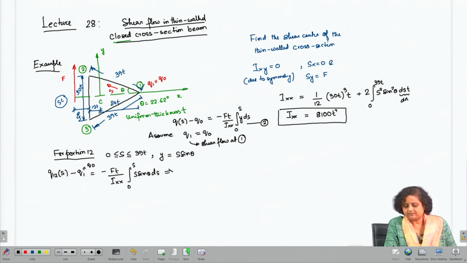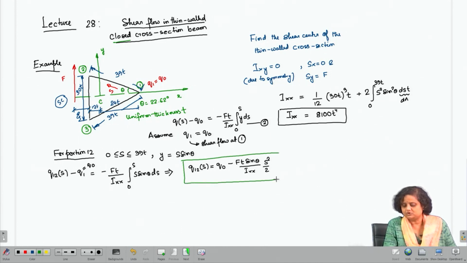So, this can be written as q1 to S is going to be q0 minus F t sin theta by Ixx into S square by 2. So, this is one expression for the shear flow in portion 1 2. So, let me call it as A.